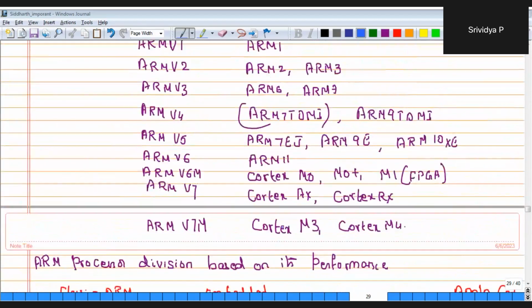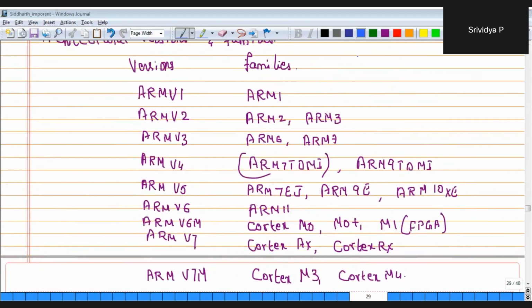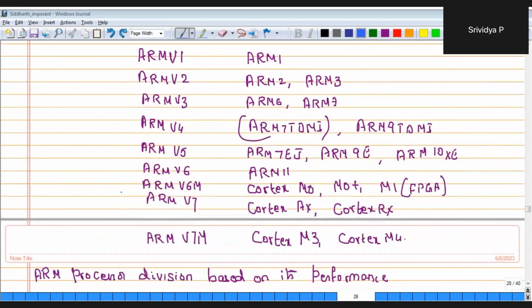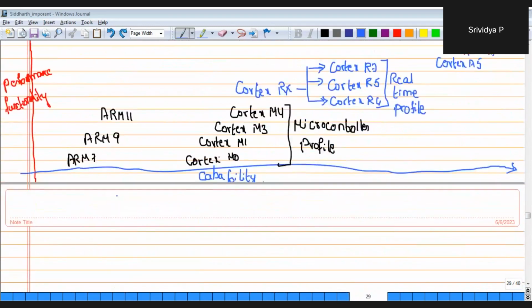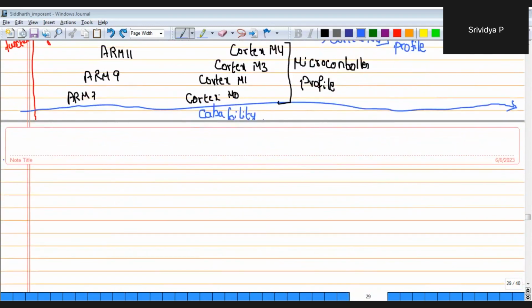Moving on to naming conventions, as we told, we have ARM 7 TDMI, ARM 7EJ, ARM 9E, ARM 10XE. Now, let us understand what these terms mean. X in general tells the family of ARM.